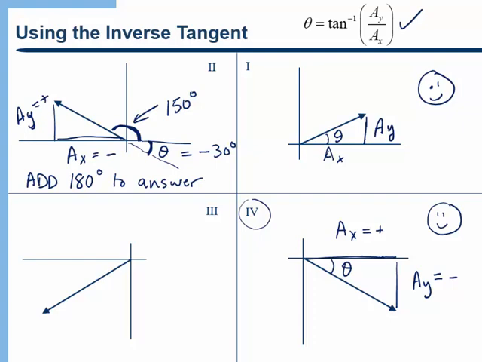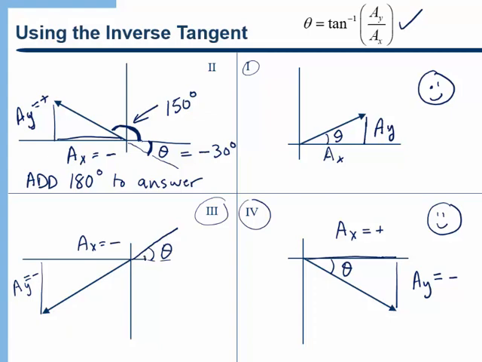The same thing is going to be true in quadrant 3, because in quadrant 3, you'll notice that both AY is negative and AX is negative. So the problem is when you divide AY by AX up in the formula, we get a positive number. So inverse tangent can't tell the difference between quadrant 3 and quadrant 1. So the inverse tangent is going to give you this angle theta.